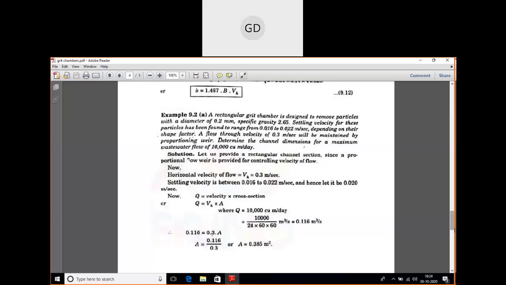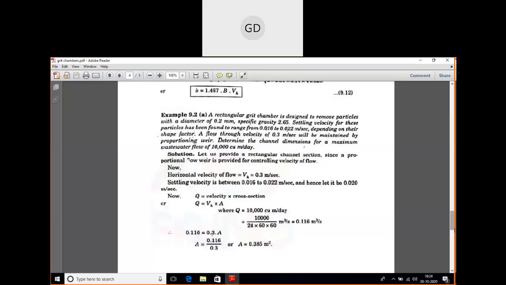Settling velocity for these particles has been found to range from 0.016 to 0.022 meter per second, depending on their shape factor. A flow through velocity of 0.3 meter per second will be maintained by proportioning weirs. Determine the channel dimensions for a maximum wastewater flow of 10,000 cubic meter per day.